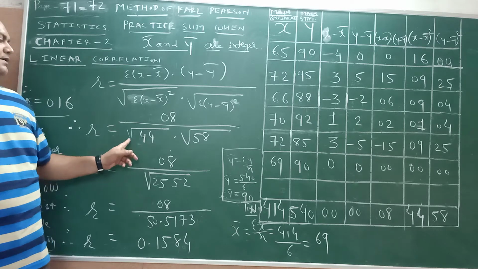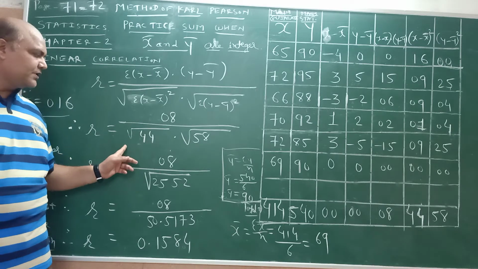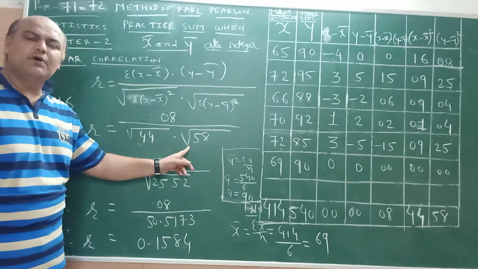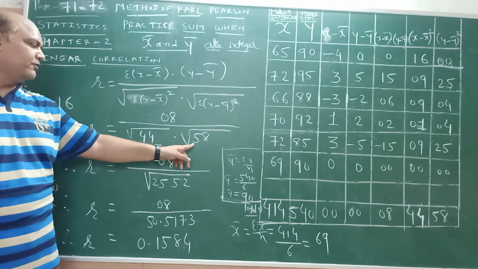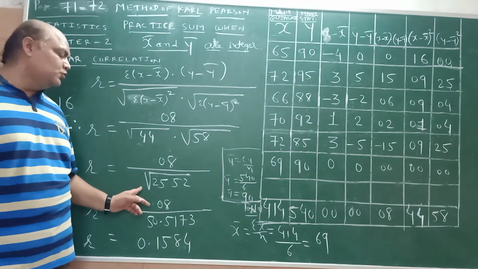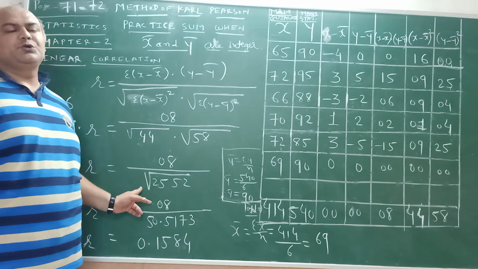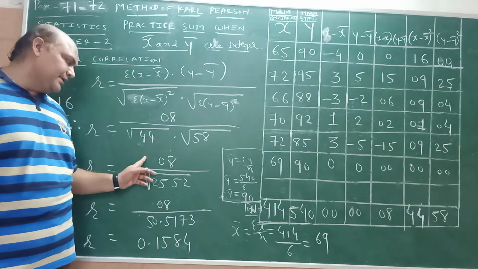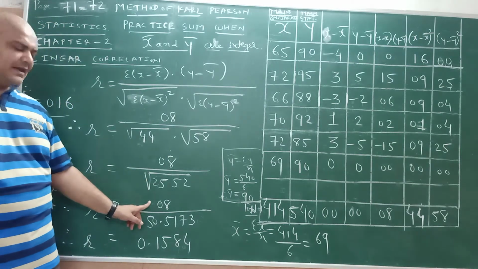So 8. Now in denominator position there is a multiplication of 44 with 58. So 44 into 58, the answer is 2552. It is under root. Numerator 8 itself.